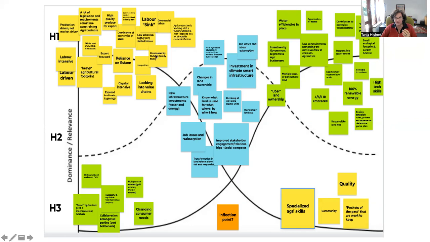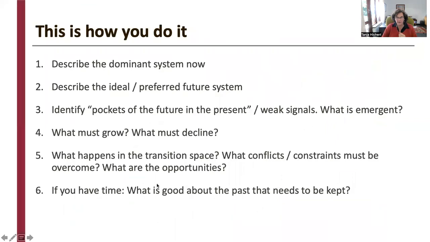It would cause this first horizon to decline very steeply and this third horizon to grow. But of course, renewable energies, wind turbines and solar panels are not pockets of the future in the present. This is more the way-out stuff, the hydrogen transport systems, fusion technology, that kind of thing. So that is Three Horizons.